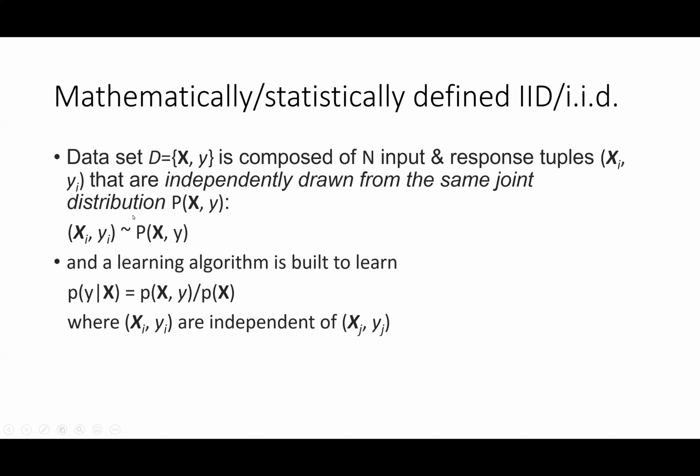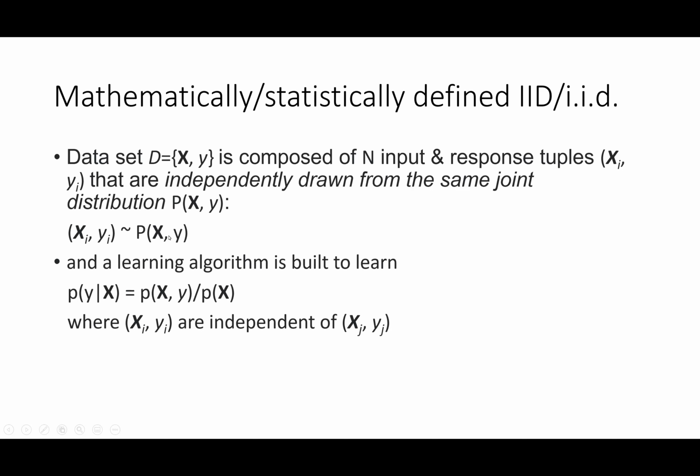What does this mean? It means xi and yi are drawn IID from a distribution pxy, and there are many assumptions behind this. It means xi and yi are independent of xj and yj, so those samples are independent. The second thing is that all samples in this data set follow the same distribution.